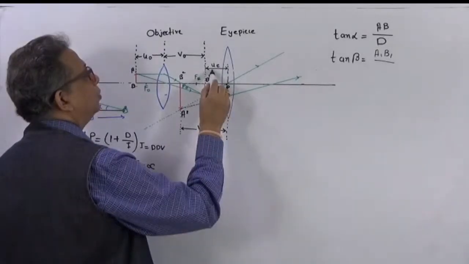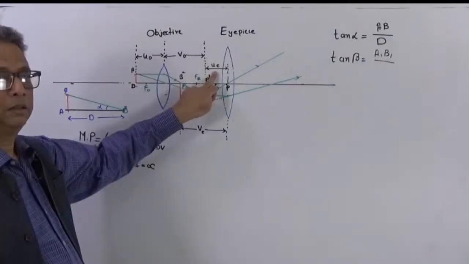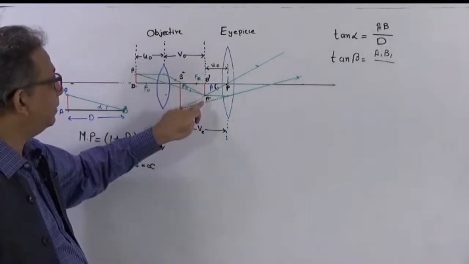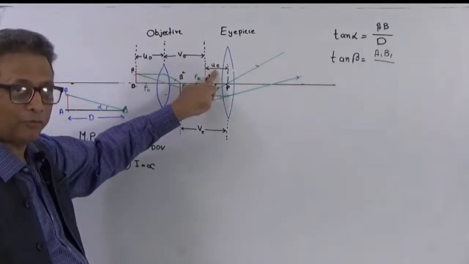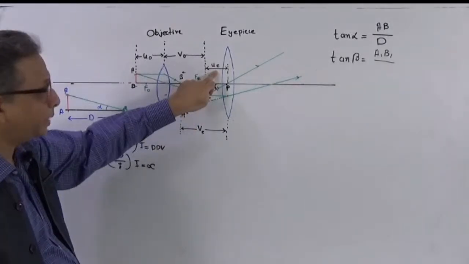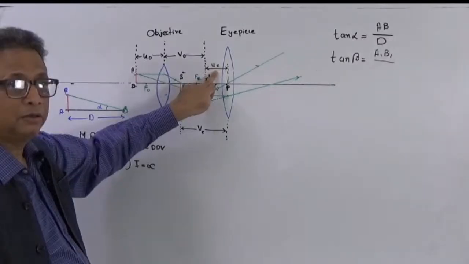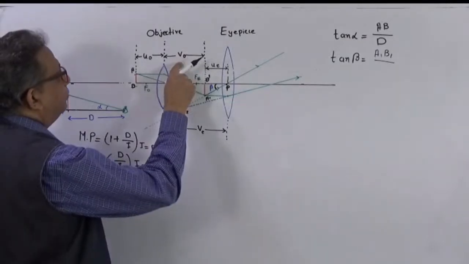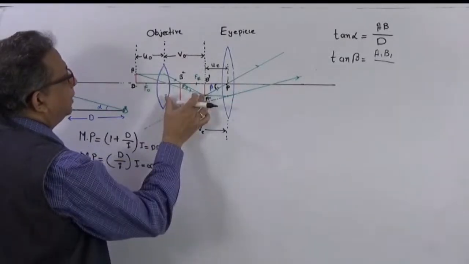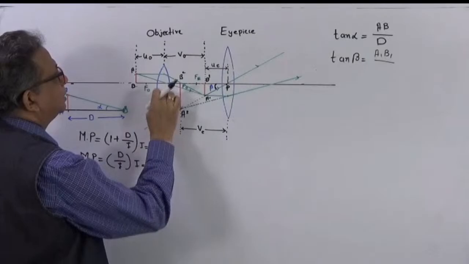What is UE? The distance of the image A1B1 from the pole. We give U as the distance of the object, no? But why this subscript E? Because it is an object for the eyepiece. All these terminologies, try to understand. V0 is the first image created by the objective lens, so it is called V0.